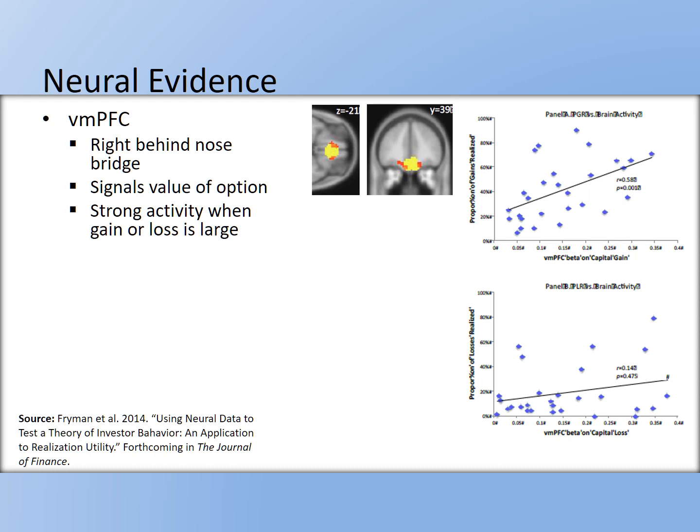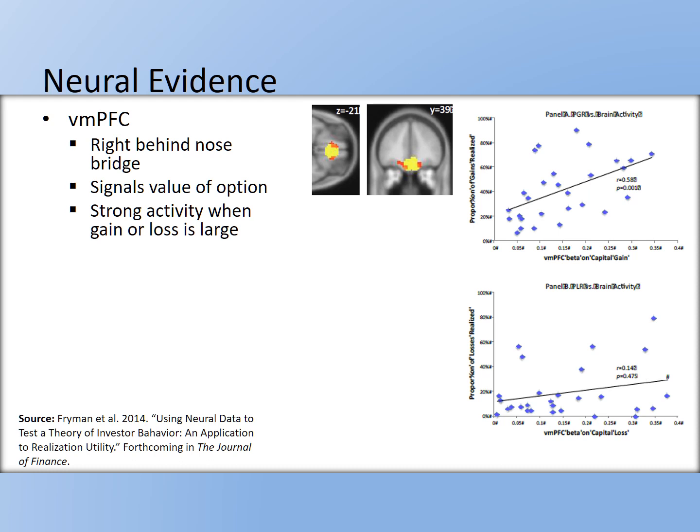This is the VMPFC diagram. Each dot is a person. The vertical axis is the proportion of gains realized and the proportion of losses realized, so the vertical axis is how big the magnitude is, the red arrows.